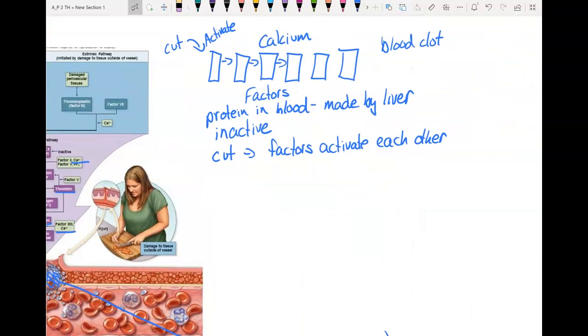So the last domino is going to be fibrin, because this is the web that catches the formed elements. And the one that activates fibrin is thrombin.